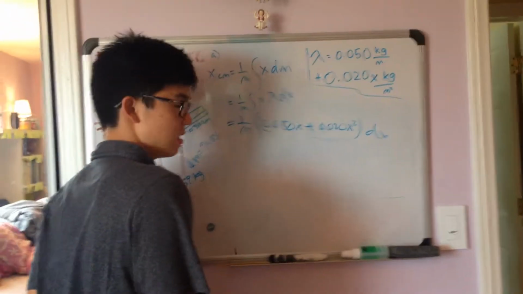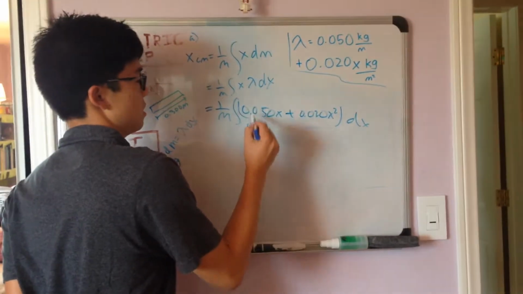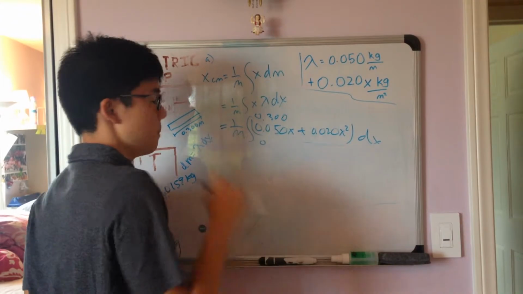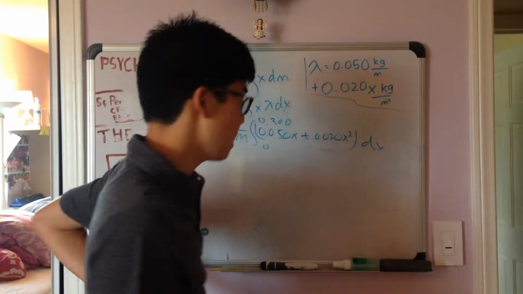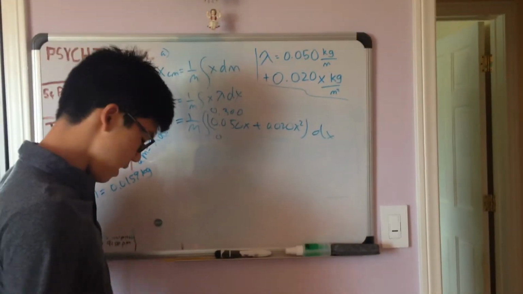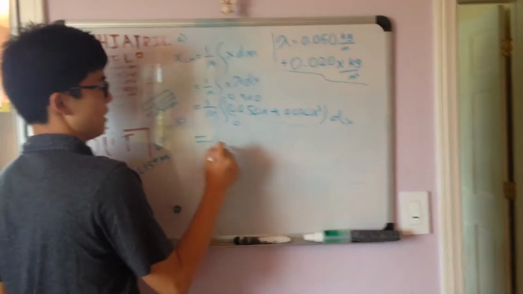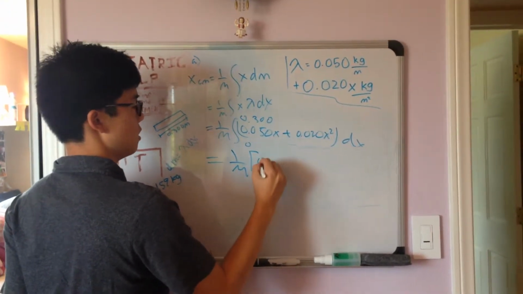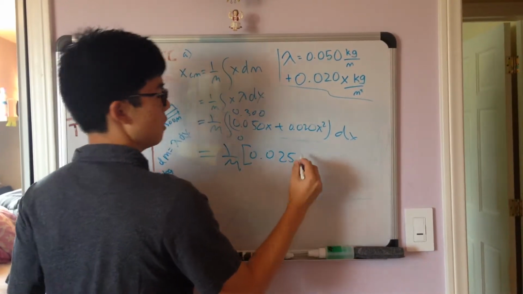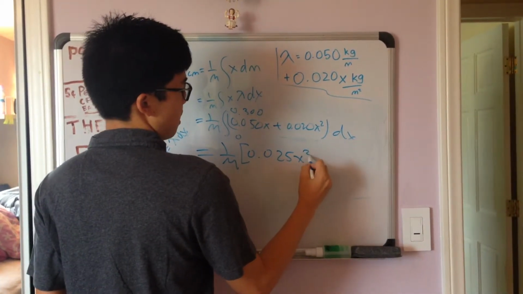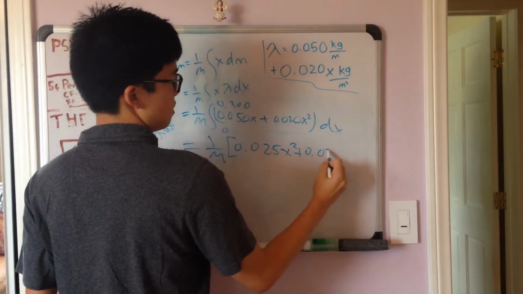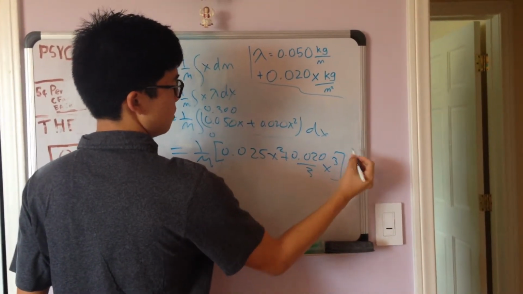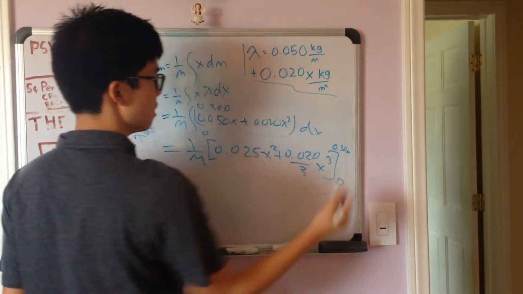And our x's, we're going to integrate from 0 to 0.300 again, because that is the length of the rod. And if you go ahead and integrate that, we will get 1 over m times 0.025x squared plus 0.020 over 3 times x to the third, from 0 to 0.300.